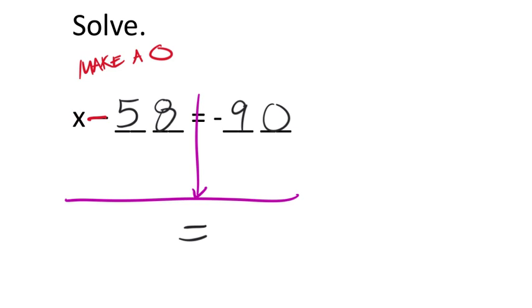I want to know what this value is, and maybe some of you could do it in your head, and that's pretty cool. What I would like to see from my final equation is x equals just a number, meaning I don't want to see anything added or subtracted to this x, and that way I can write it like this, just x. But that means that the minus 58 there is going to have to become a 0.